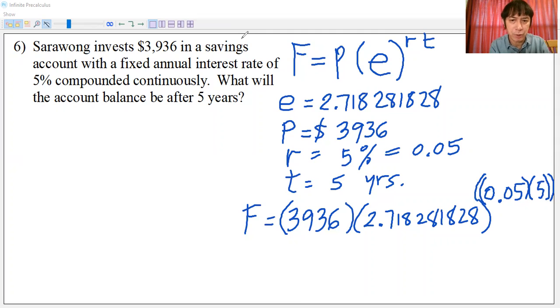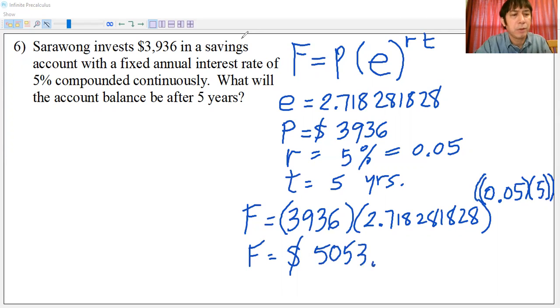This is 3936 multiplied by E raised to the power 0.05 times 5. And the calculated amount is 5,053.92404. So this is F in dollars.